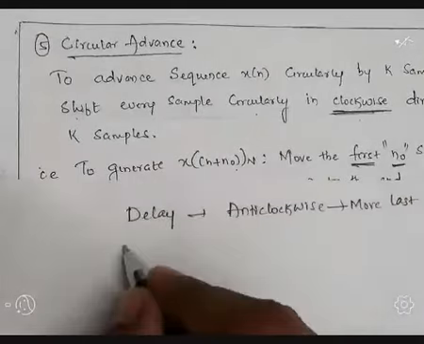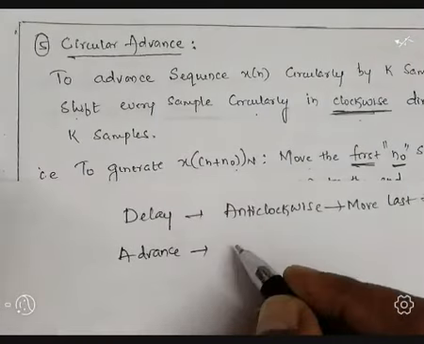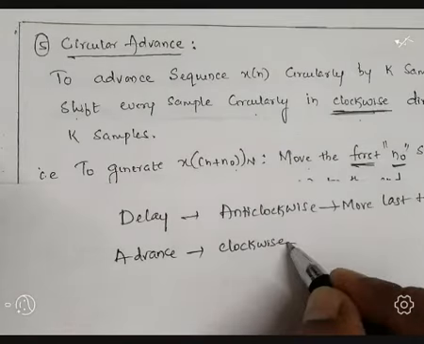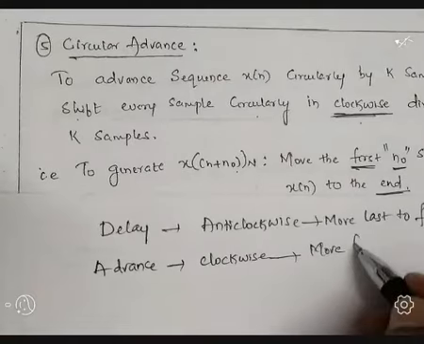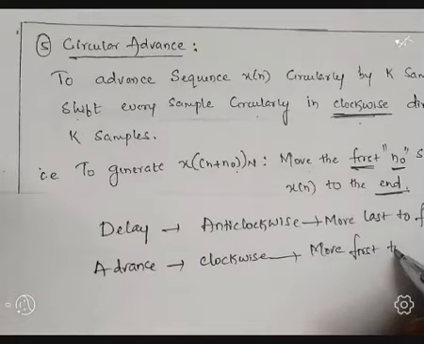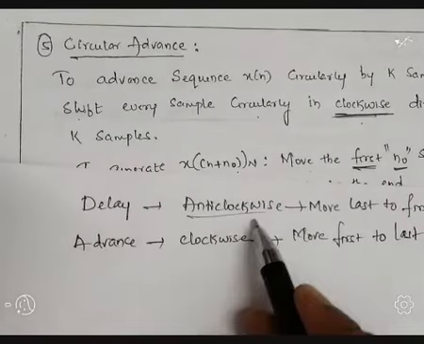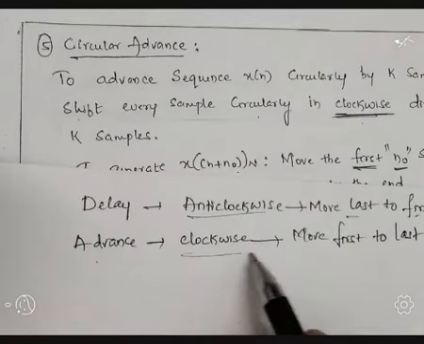Advance means vice versa, opposite. That is, we have to shift clockwise and move the samples the opposite way: first to last. This is anti-clockwise, last to first. It is clockwise, opposite, first to last.